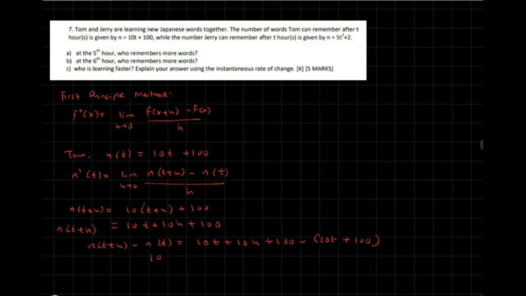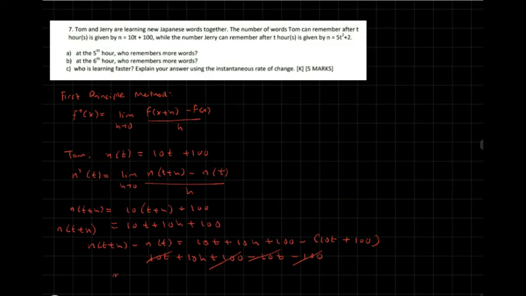You get 10t + 10h + 100 minus 10t minus 100. So the 10t and the negative 10t cancel out, the positive 100 and negative 100 cancel out, and you're left with 10h.